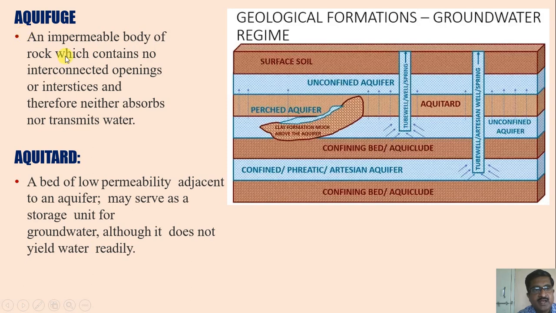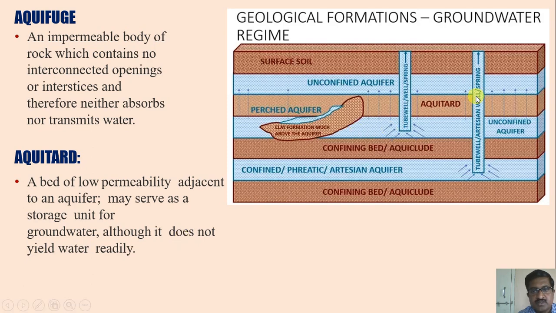Aquifuge, an impermeable body of rock which contains no interconnected openings or interstices, and therefore neither absorbs nor transmits water. And aquitard, a bed of low permeability adjacent to an aquifer, may serve as a storage unit for groundwater, although it does not yield water readily.